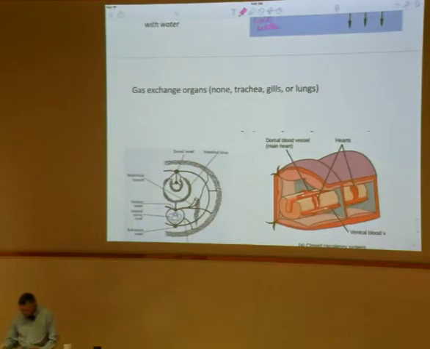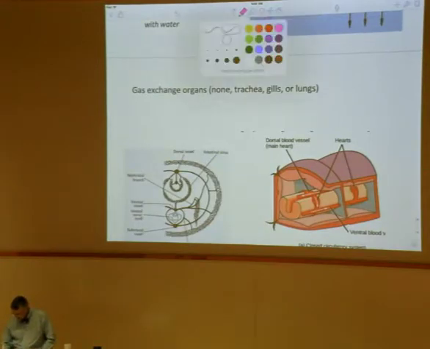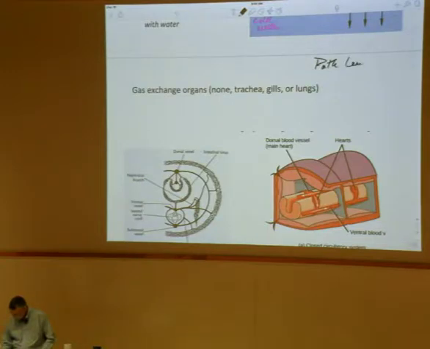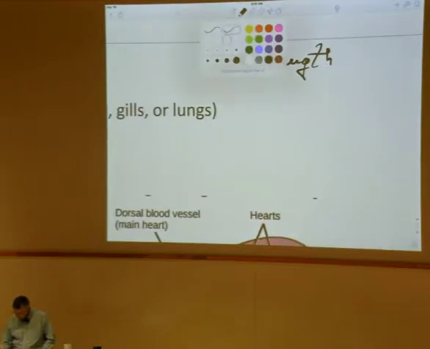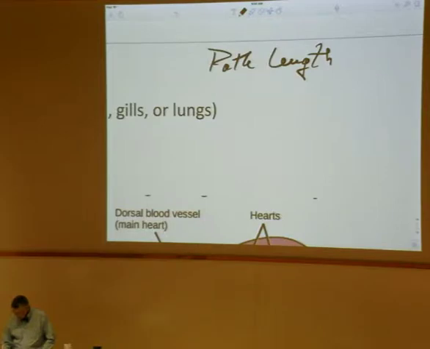So I mentioned path lengths in the video. And so imagine we're in a lung. And here's the air and the tissue side.